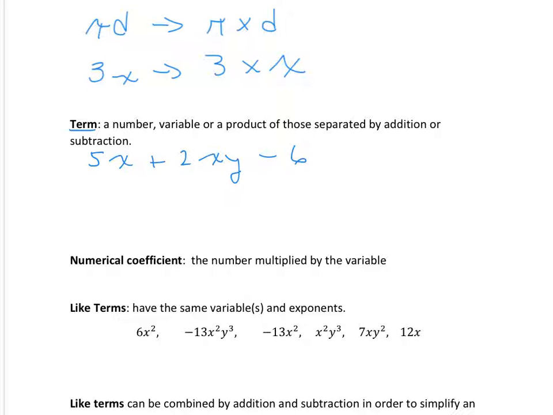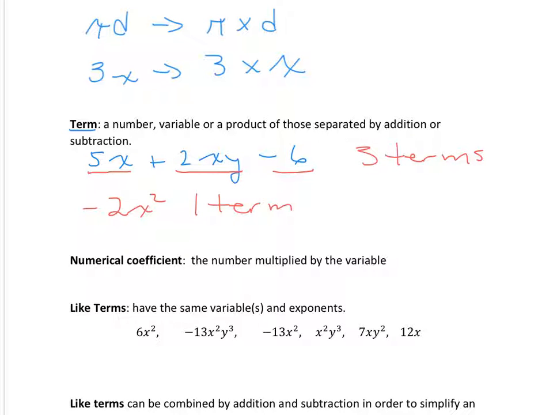So there are three terms here. The first term is 5x, the second term is 2xy, and the third term is 6, but you could think of that as a negative 6. So this expression, negative 2x squared, there's just one term there.